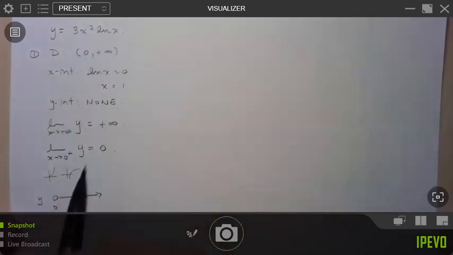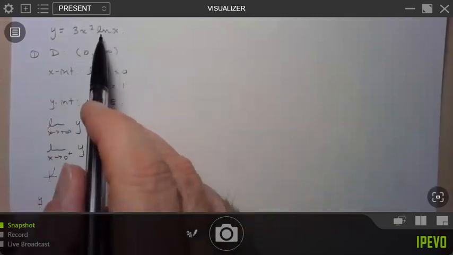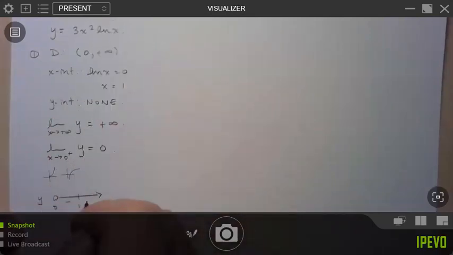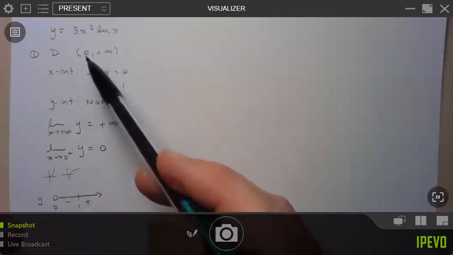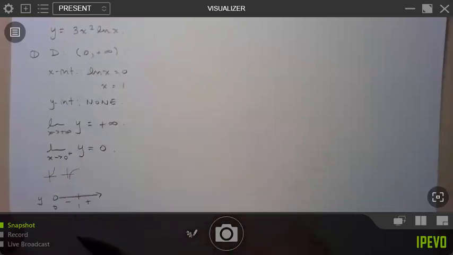So it's going to be positive times negative is negative. And then when I take something bigger than 1, 3x squared again will be positive, but say something like ln 2, since it's bigger than 1, is going to be positive. So positive times positive is positive. All right, so any questions on what I was able to determine from the function itself?